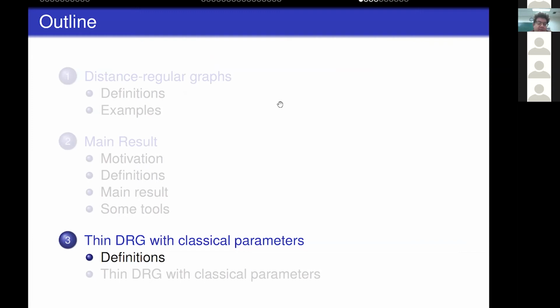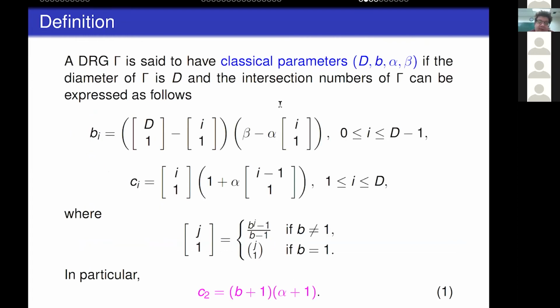So now I'm going to my last part of my talk, and that will be about thin distance regular graphs with classical parameters. So I will start with classical parameters. That is with 4 parameters, d, b, alpha, beta, and the intersection numbers are expressed as in these formulas.